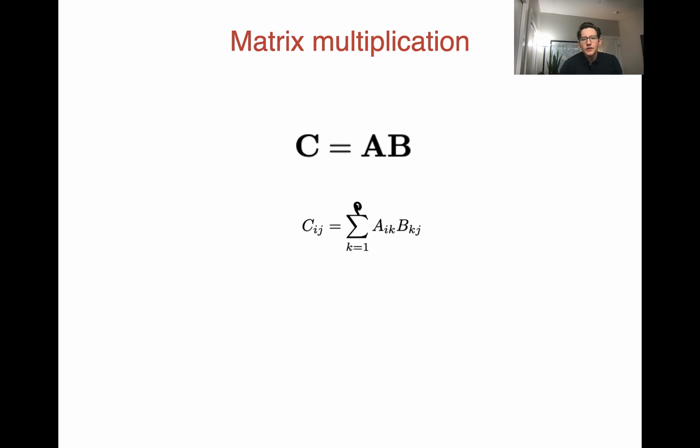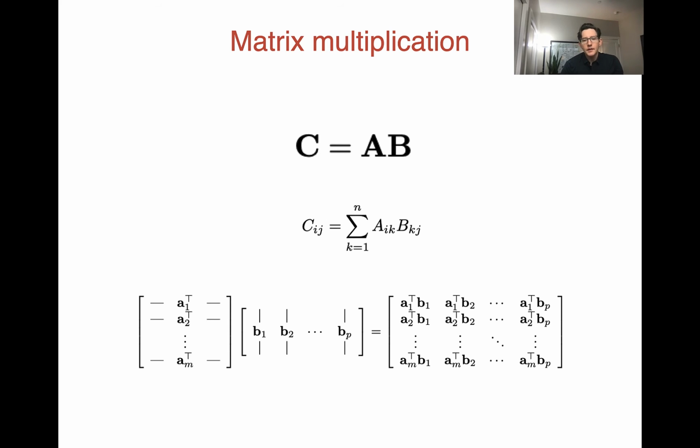I think that's not necessarily always the best way to think of it. Here's another way to think about matrix multiplication that I think is often more useful for one's intuition. The C_ij entry is the dot product of the i-th row of A with the j-th column of B, and vice versa for all the other entries of C. There are some other ways to think about matrix multiplication, and each one is useful in different cases.